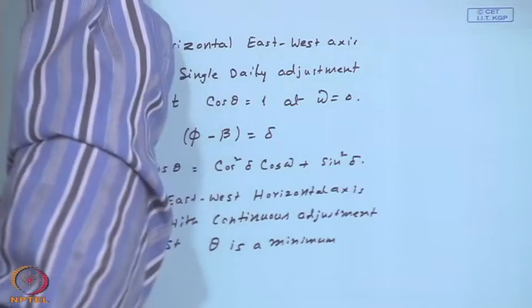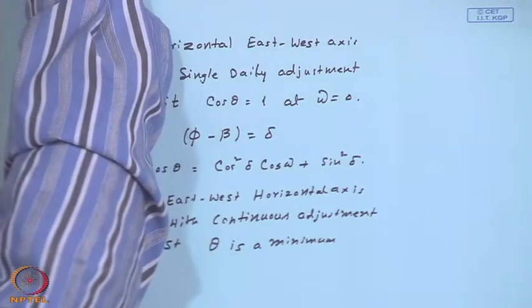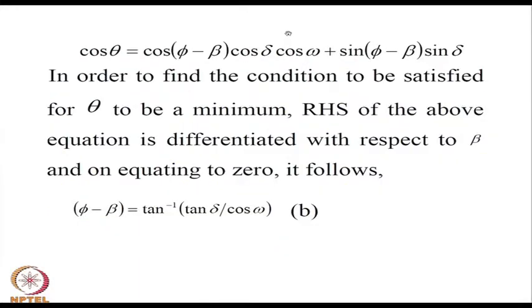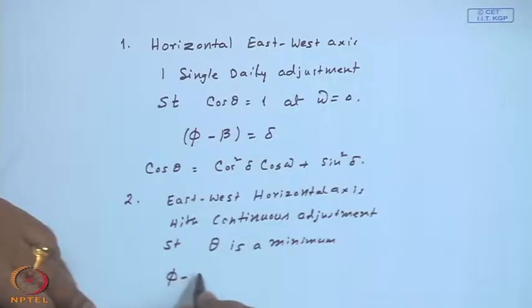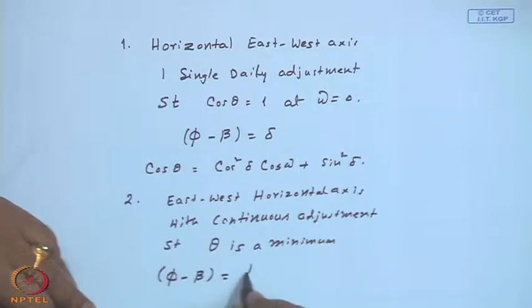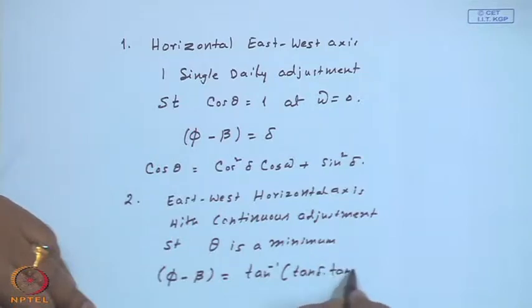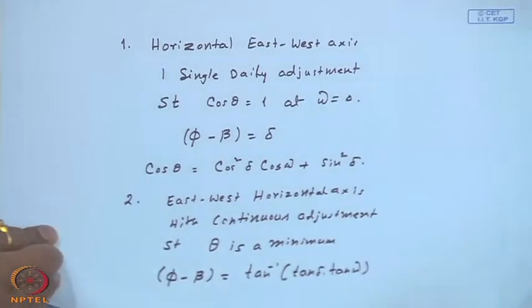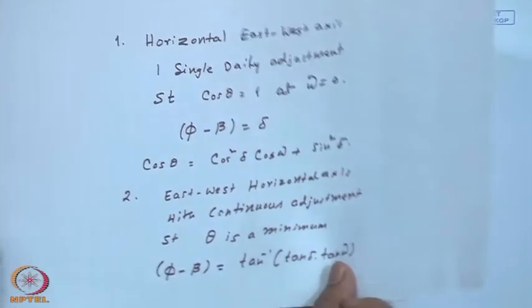So, we consider the equation for the cosine theta for a south facing surface, because it is an east west axis, then differentiate with respect to beta and obtain that phi minus beta at any hour angle should satisfy tan inverse of tan delta upon tan omega, which gives you the same condition as phi minus beta is equal to delta at the time omega equal to 0.